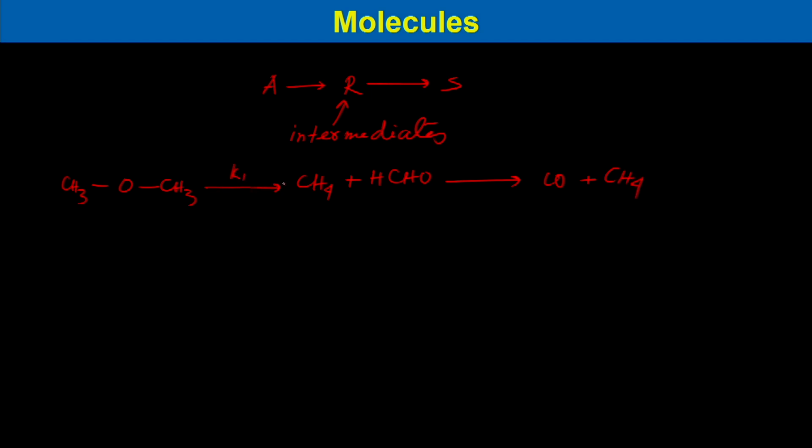So, this is K1, this is K2. So, these are very unstable intermediates. Another example is epoxide or ethylene oxide.